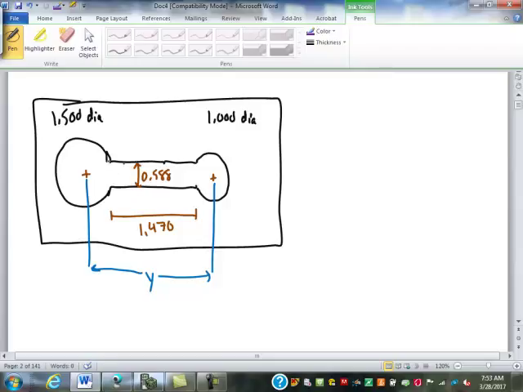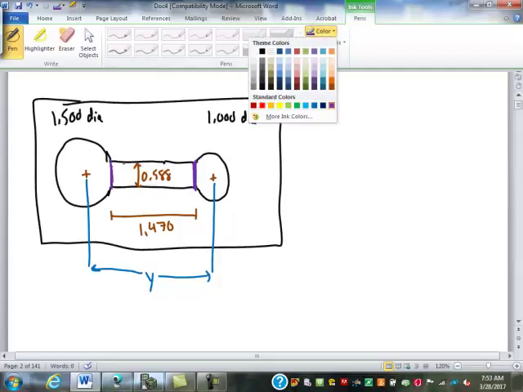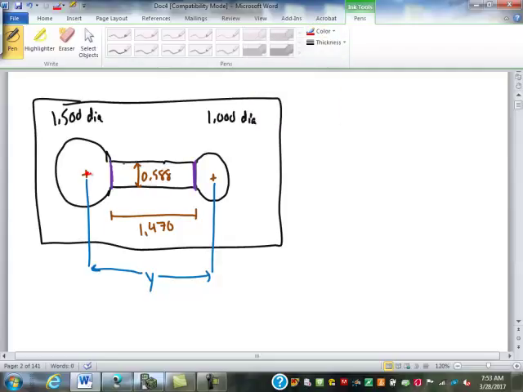So we have the distance. If I cut this into a rectangle here, we have the distance from purple line to purple line here. So what we need to find is this distance here and this distance here, and add them to the 1.470.